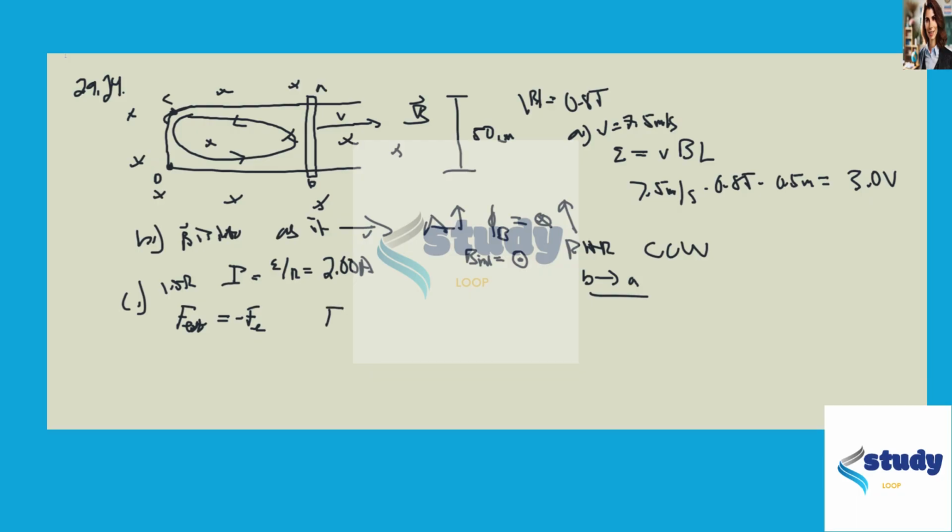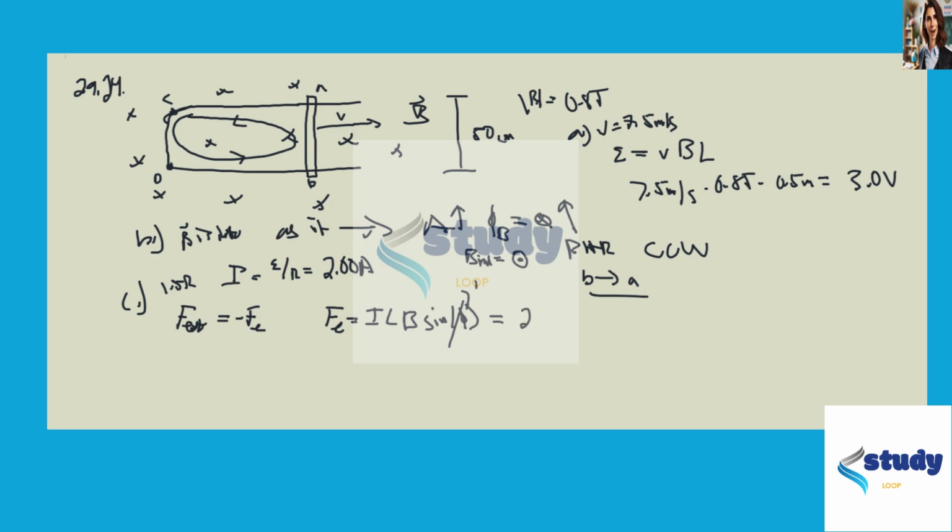The force F_L we can calculate because this is just a magnetic force on a rod. So this is the current times the length of the rod times the magnetic field strength times sine of the angle between the current and the field, which in this case is 1.